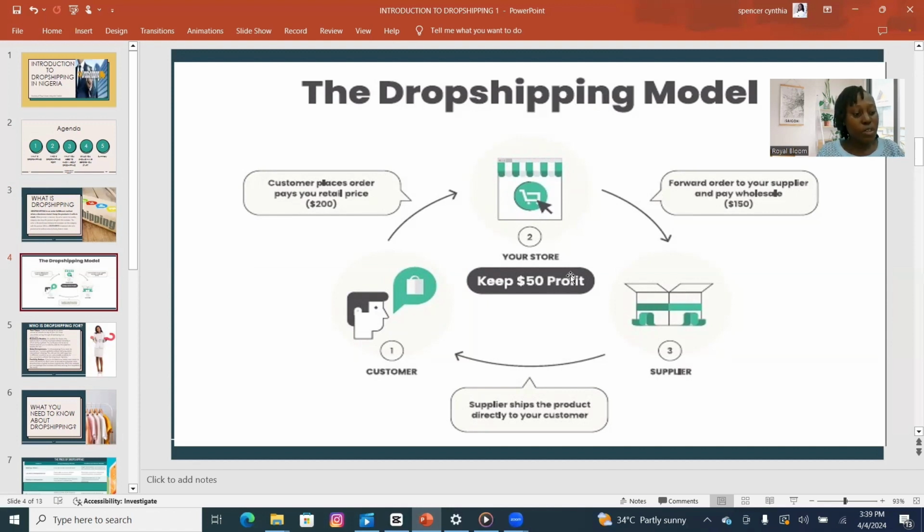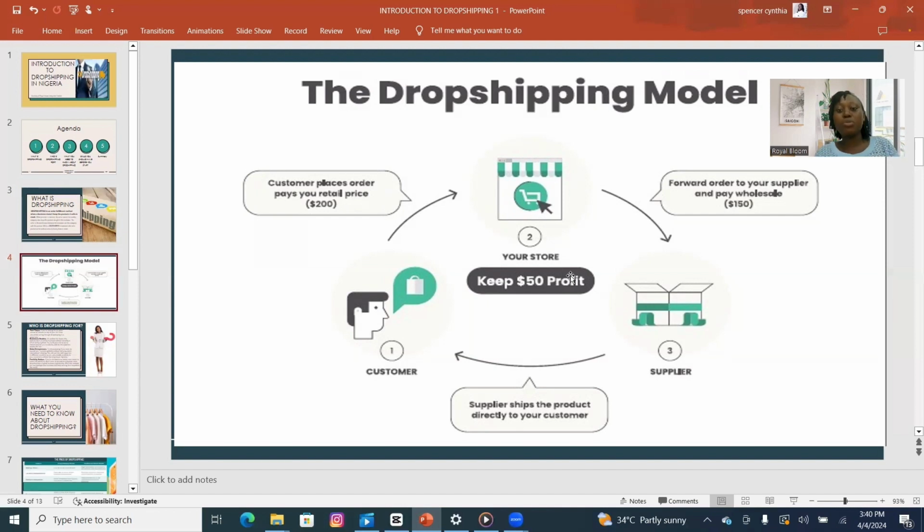Now, if you put in all the things that we're going to talk about here today, and even continuously from our series about dropshipping, you should be able to make a whole lot of money as you scale up in this business. So let's say the profit is 50 naira, and if you sell to 50 customers, that is a total of 2,500 naira.